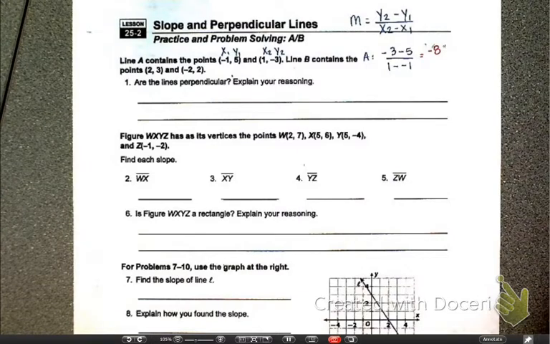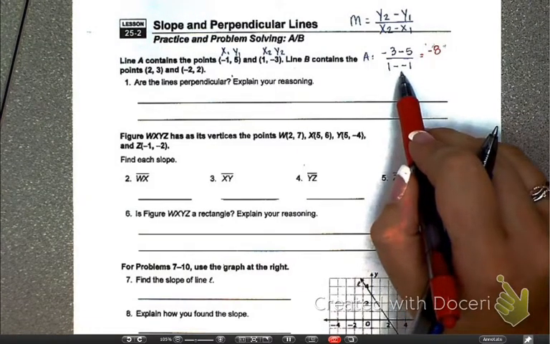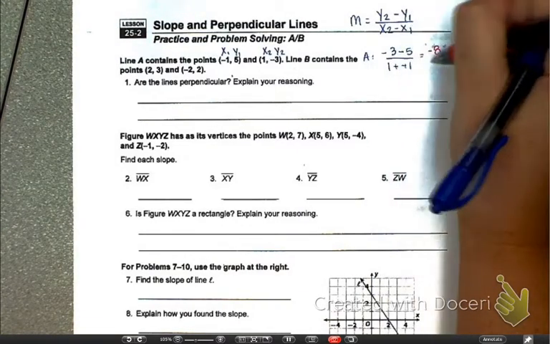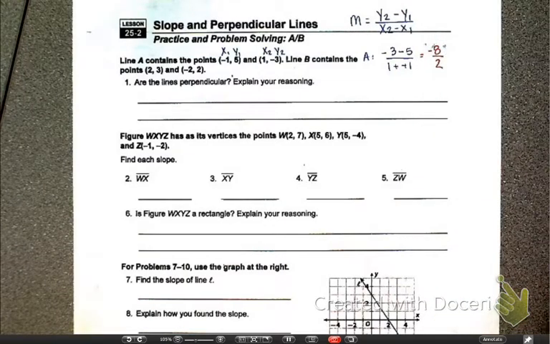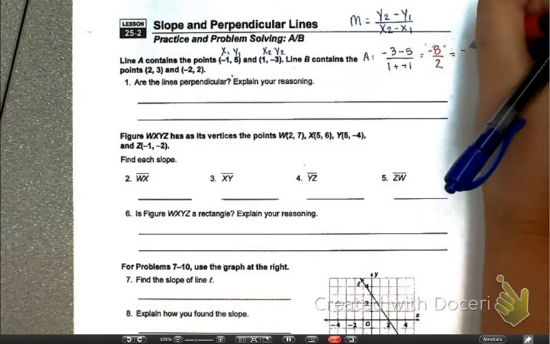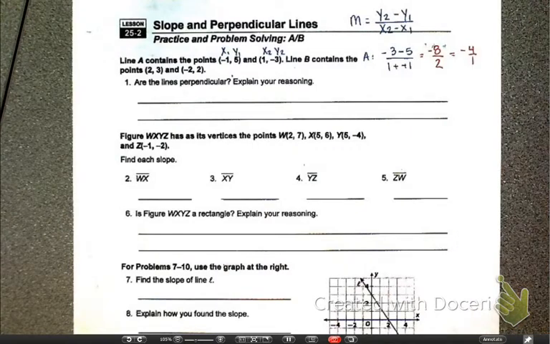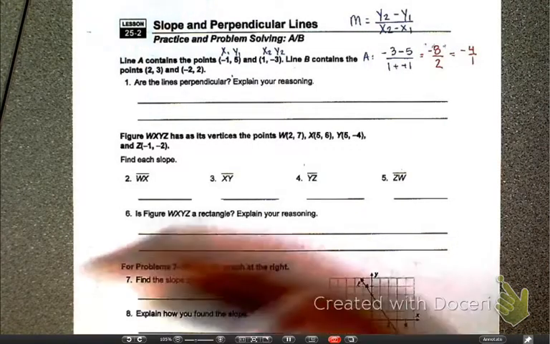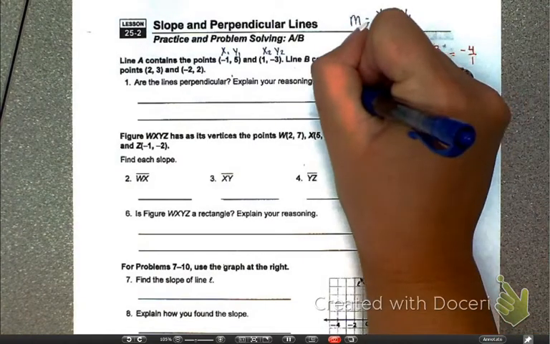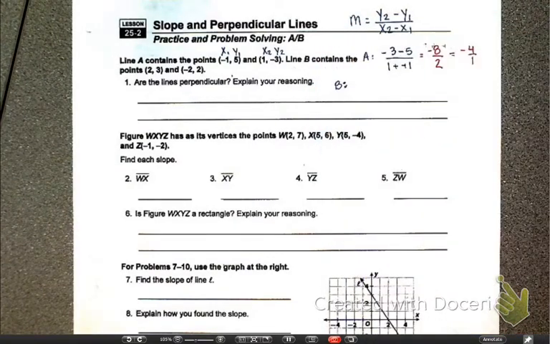And what happens here? It becomes positive, giving me 2, which means my slope is -4/1. Are we okay with that?